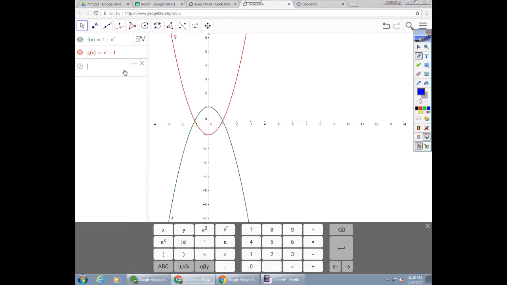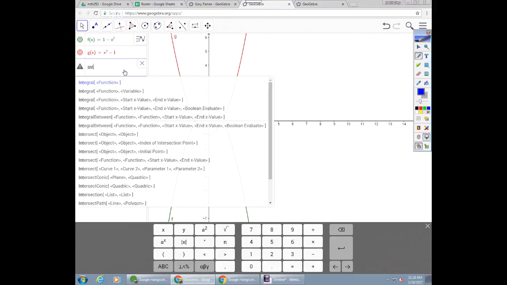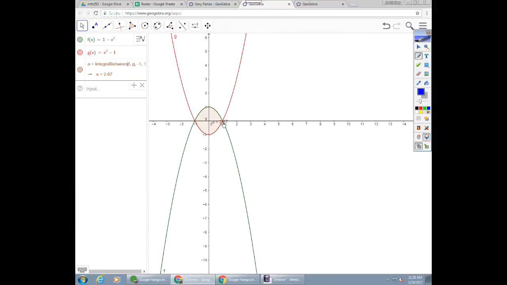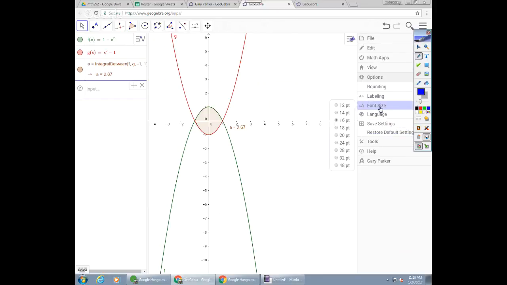And so that integral between should work on this, and I forgot GeoGebra had that. So if we select that, the upper function is f here, the lower function is g here, and we want to go from -1 to 1. So that's a nice feature there. And then it shades the right area. Cool, thanks for pointing that out, Stanton. And in case we come back, let's blow up the font.